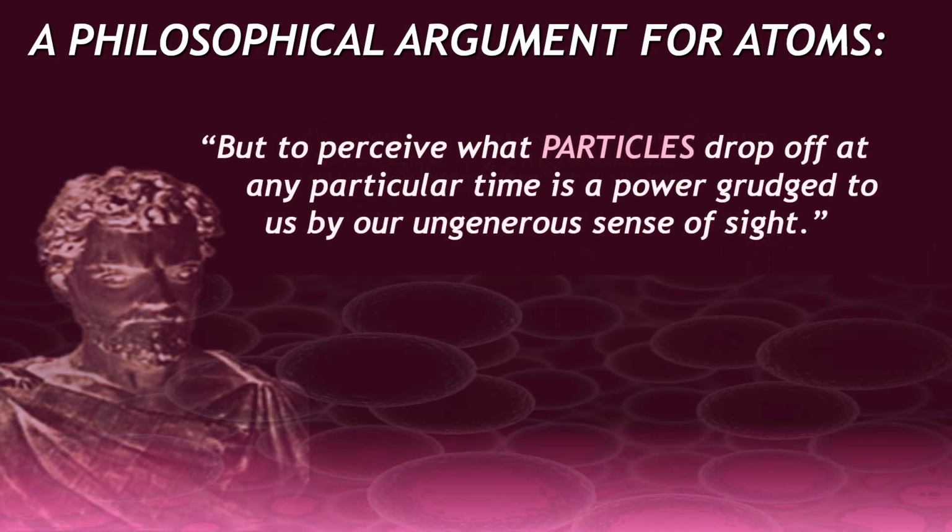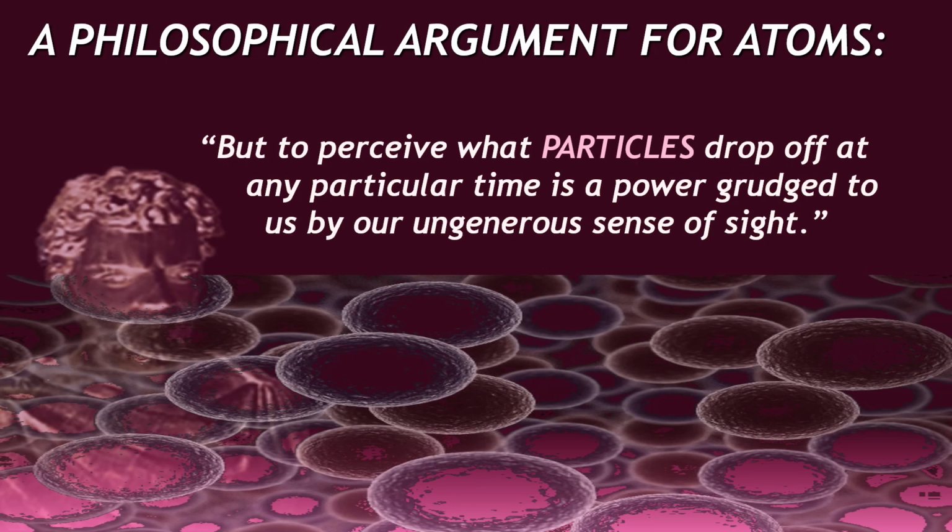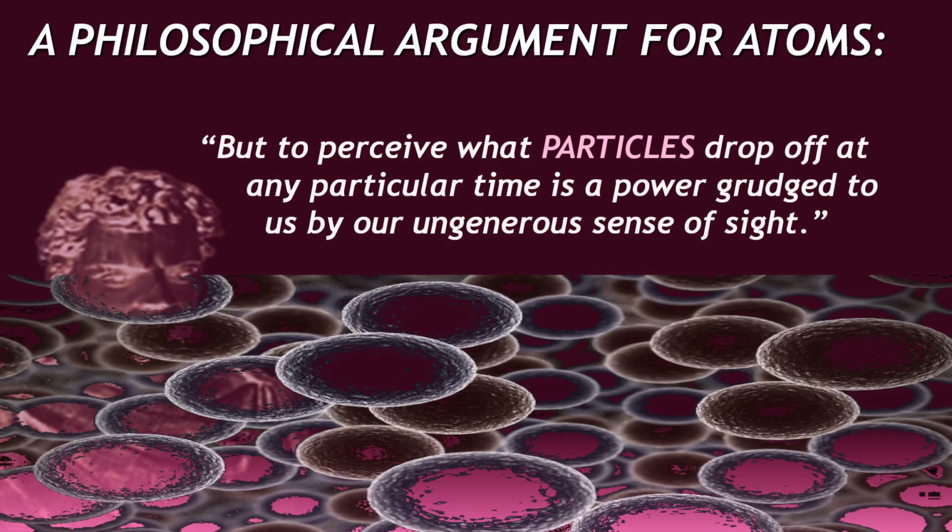But then Lucretius adds, but to perceive what particles drop off at any particular time is a power grudged to us by our ungenerous sense of sight. What Lucretius is saying basically is the particles must be dropping off, but we don't see them because they're too small. They're too small to see.